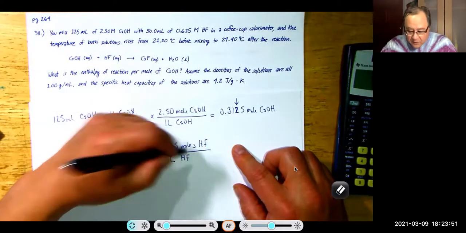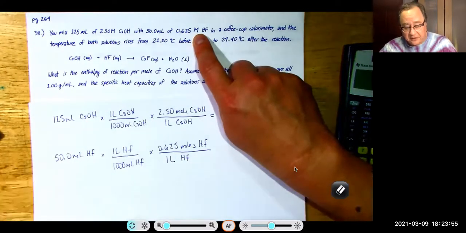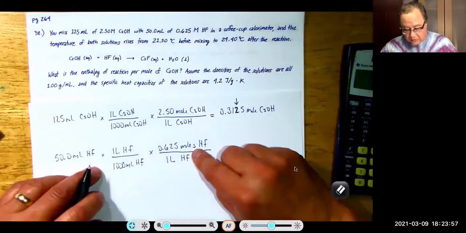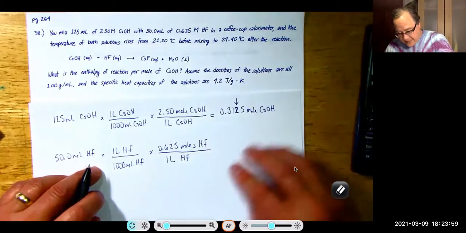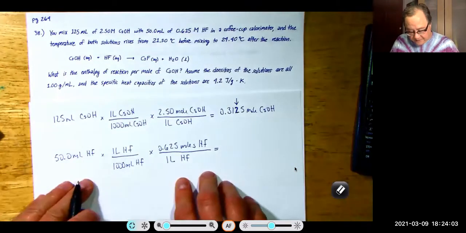So remember, when I get rid of that M, I'm not really getting rid of it. I'm substituting moles per liter for it. And here we're going to be able to calculate how many moles of HF we have.